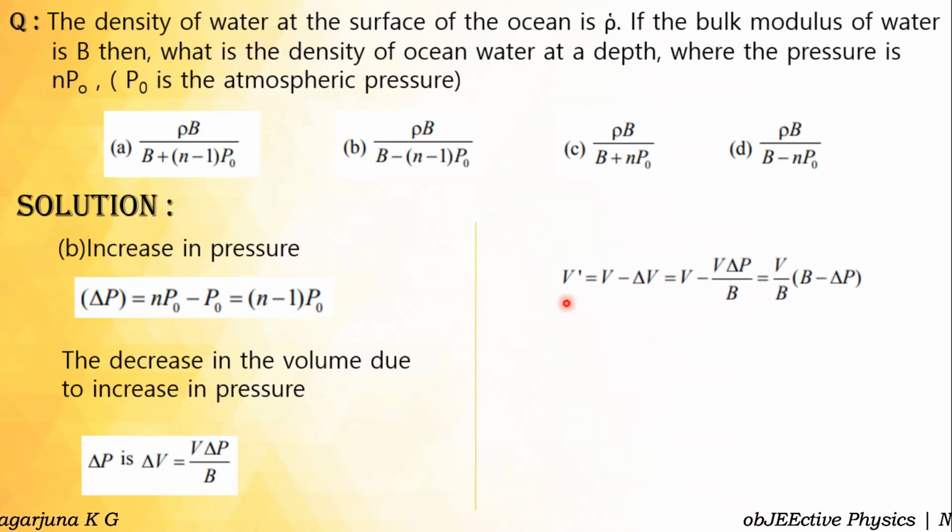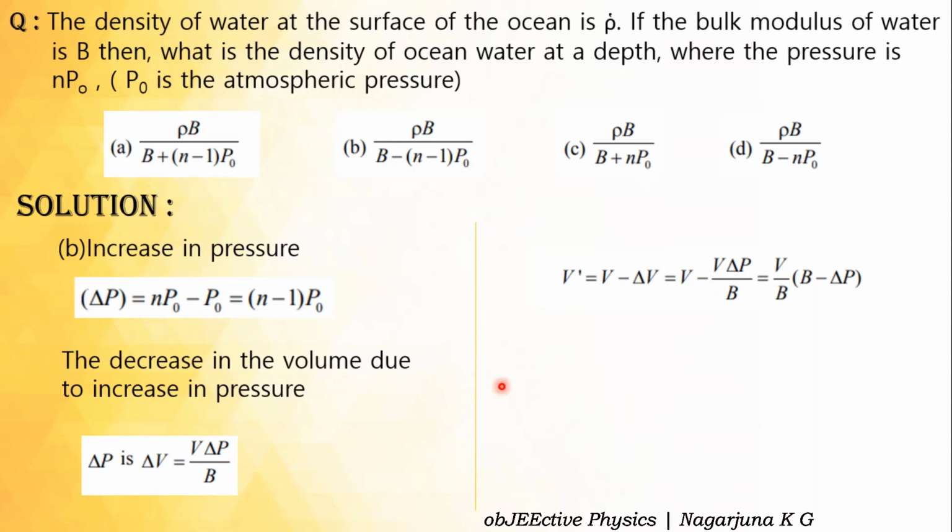And we know that final volume V dash is, see here, volume decreases by delta V. So we can write the final volume V dash is equal to V minus delta V, where V is the initial volume, that is equal to V minus V into delta P by B, that is equal to V into B minus delta P by B.